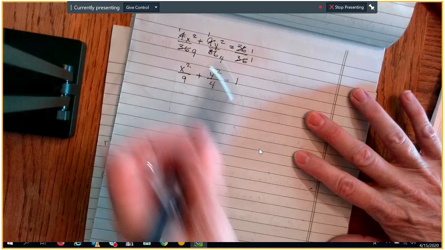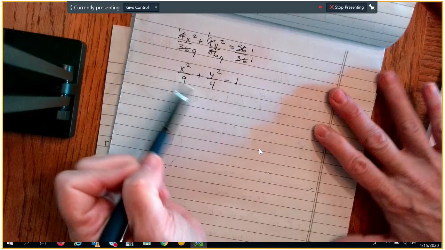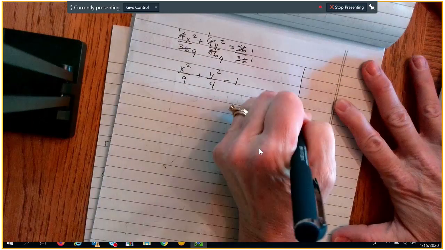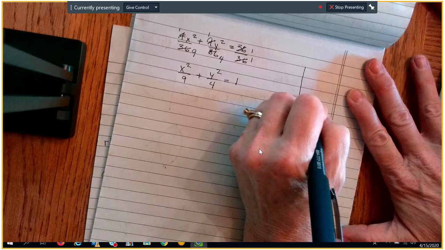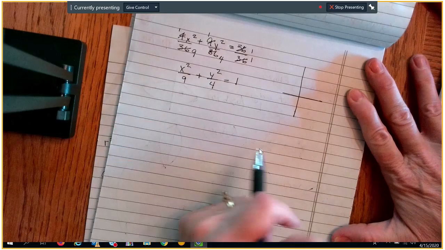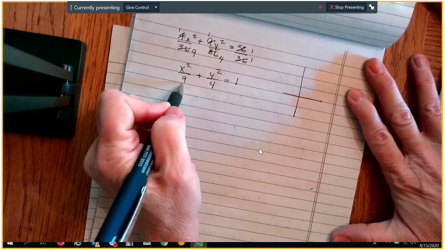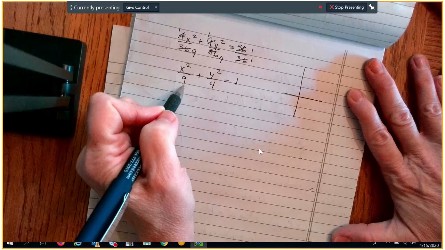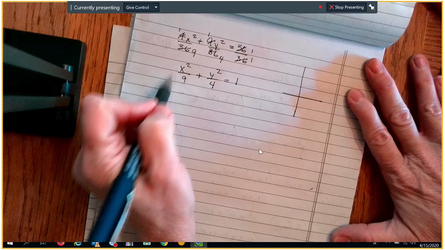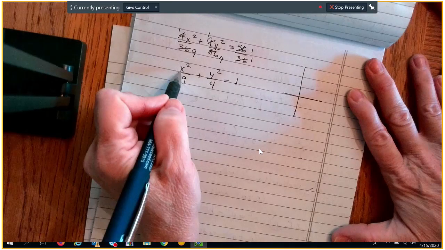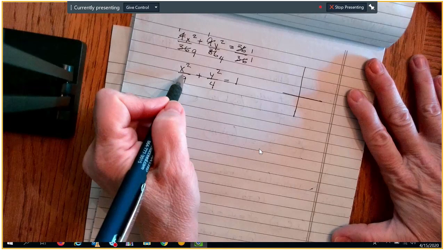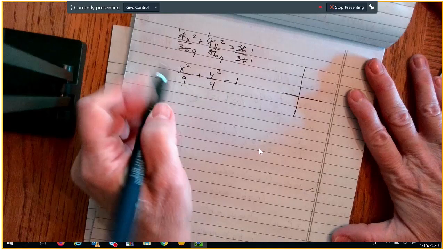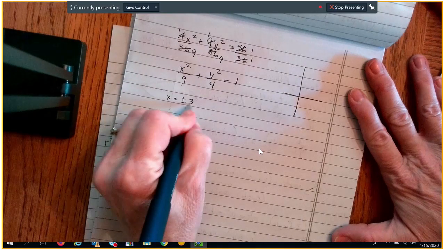So this ellipse is actually centered at the origin. So if I plot this, if I take the square root of this, then I know that my x values are going to be plus or minus 3.